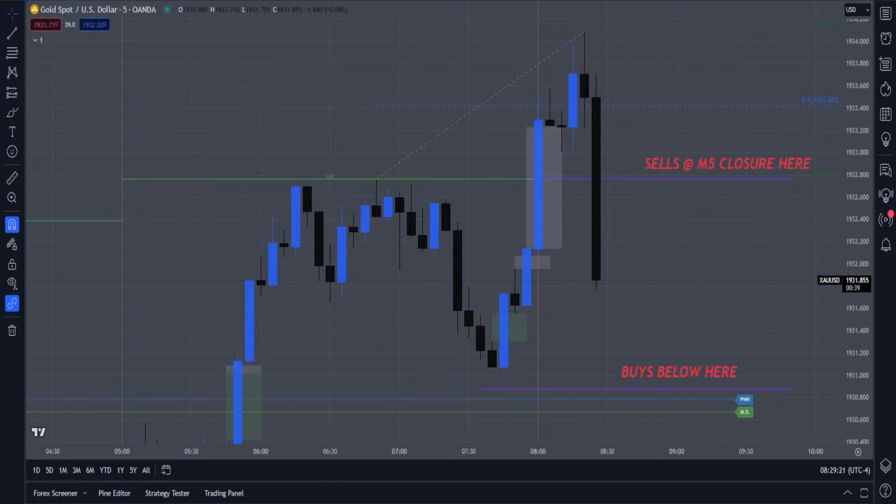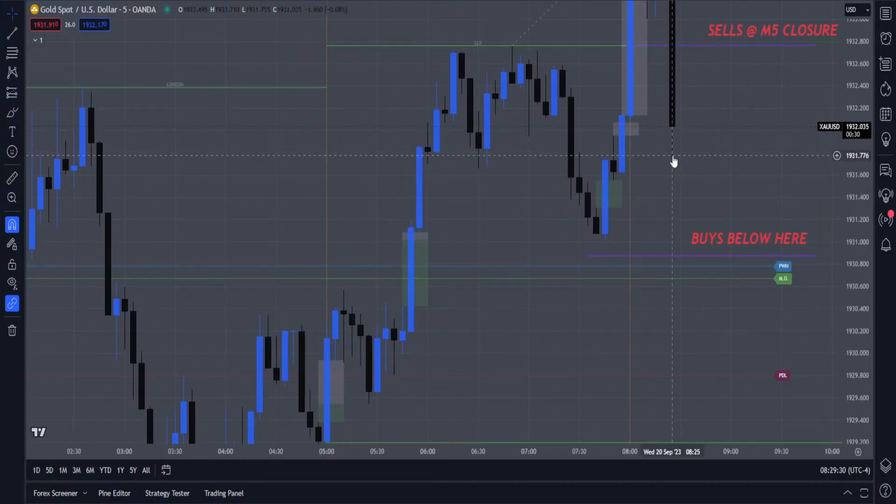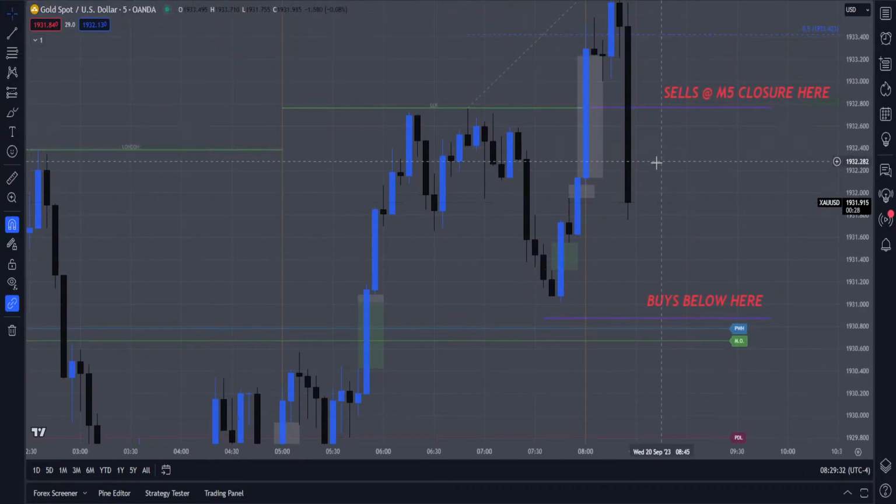Okay, so this kind of takes me off. I don't want to take a trade all the way down here, to be honest. Actually, we will take a trade down here. We will wait for a retracement up, maybe into this imbalance that just got filled, and then we will take the trade, okay?